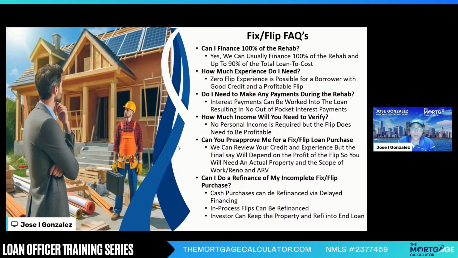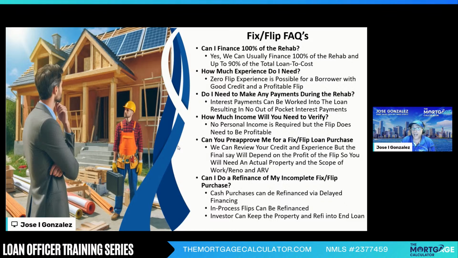So breaking it down a little further, what are some of the frequently asked questions, right? This is where it gets good. This is one of the biggest benefits of the fix and flip loans, that yes, we can usually finance 100% of the rehab.